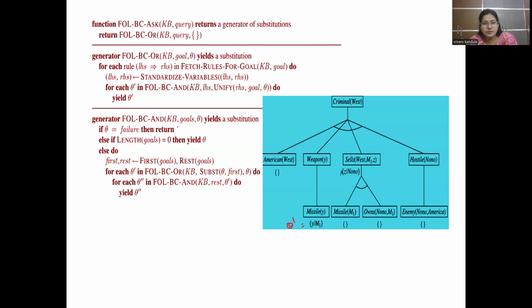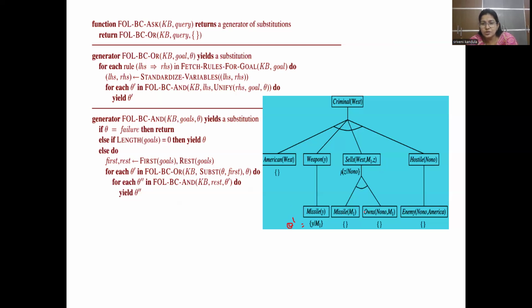Then, whenever this AND node yields a substitution, if it is an OR node, solving any one goal is enough. So you will fetch only one rule. If required, you will standardize the variables, similar to how we have done here for missile of Y in order to reach weapon of Y. Suppose it is an AND node. In that case, you have to solve all the nodes. So here, missile of M1 is an OR node, owns of Nono is an OR node.